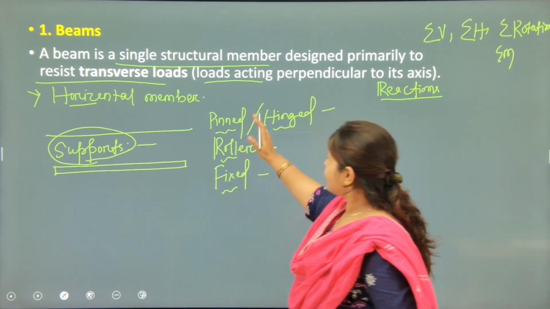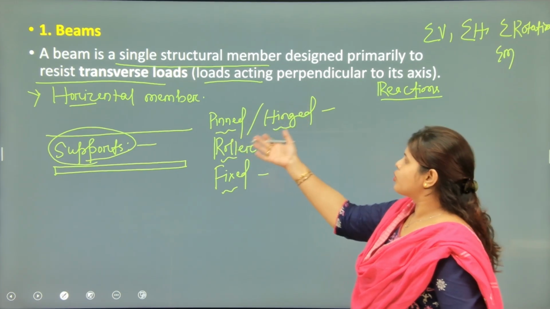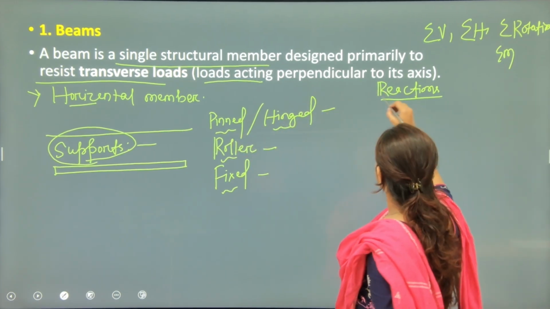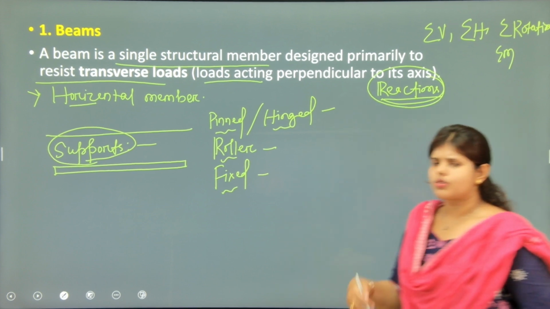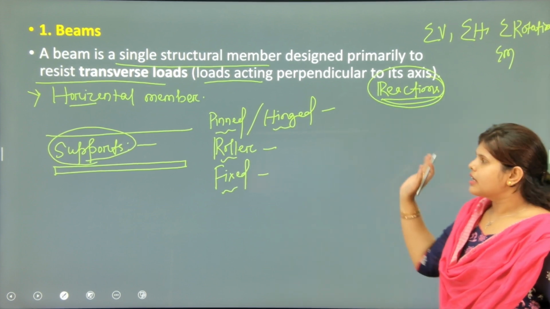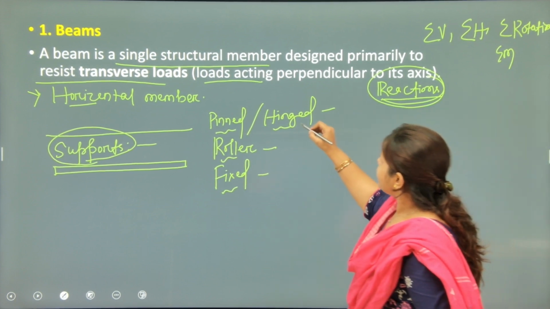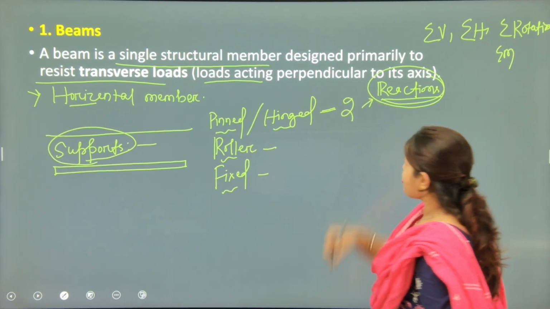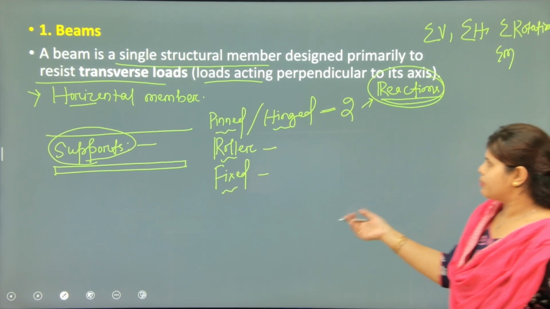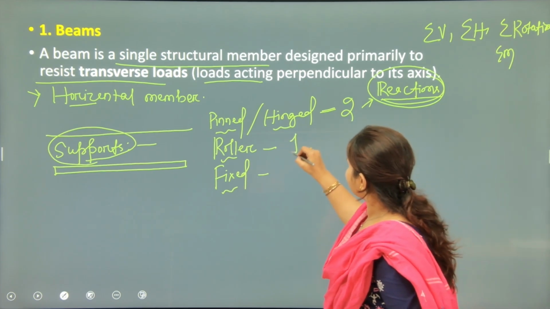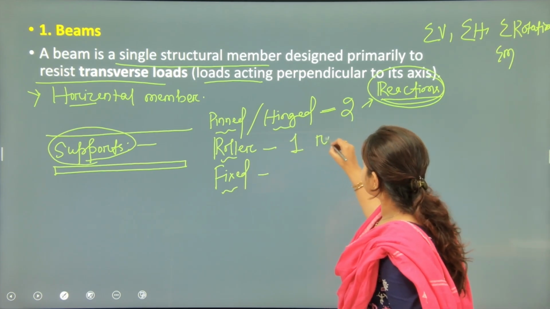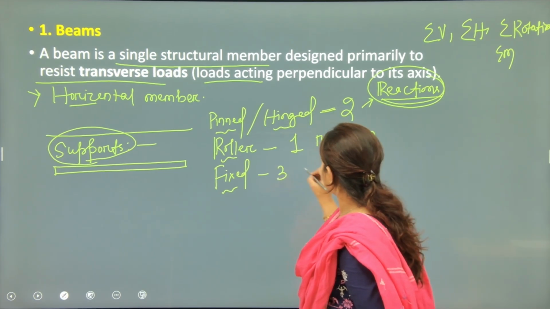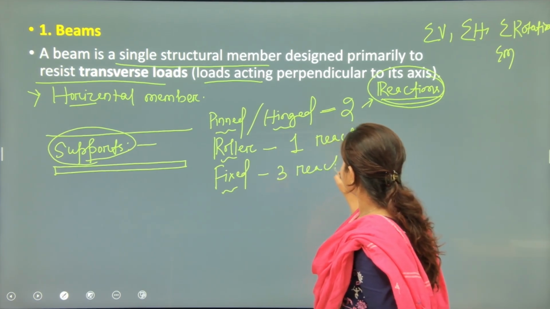If the support can resist those types of loads or reactions, then from that only we can calculate the reactions. We have already discussed these things. So for now, in case of hinge support, we have two reactions. Just need to remember. In case of roller support, we have one reaction, and in case of fixed support, we will have three reactions.